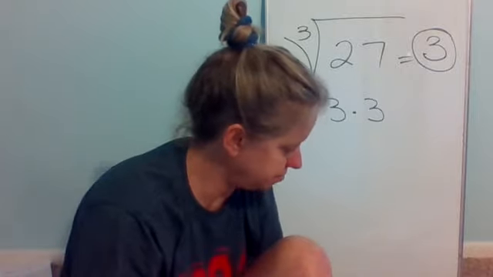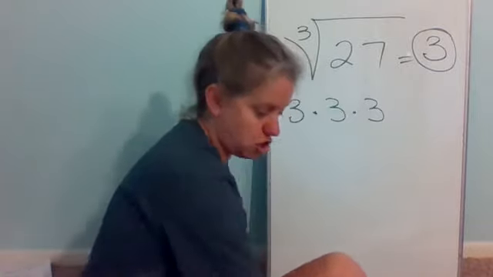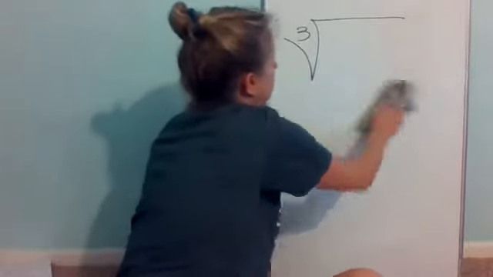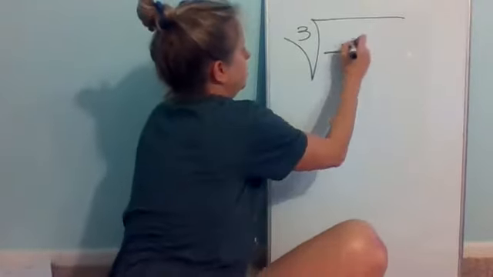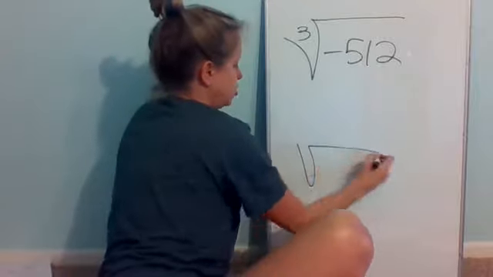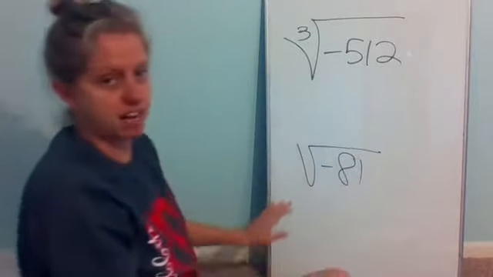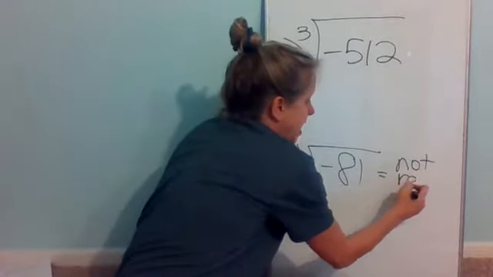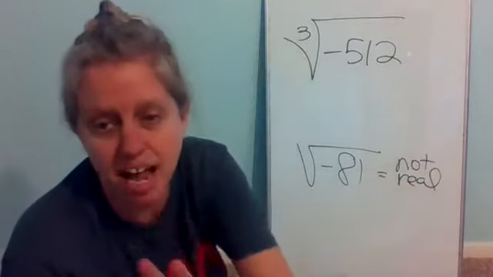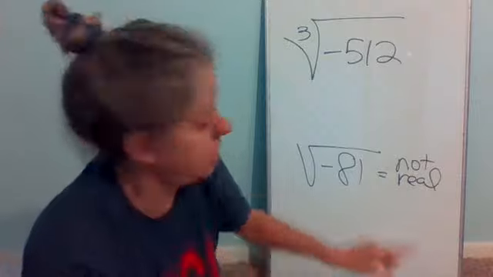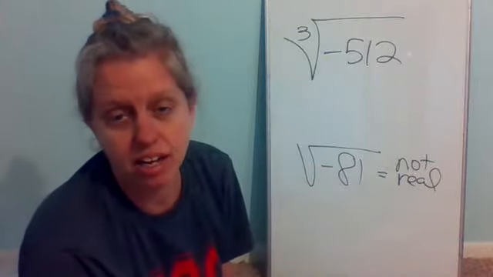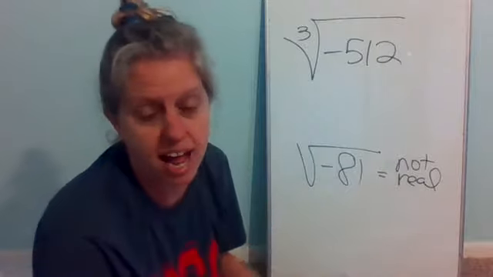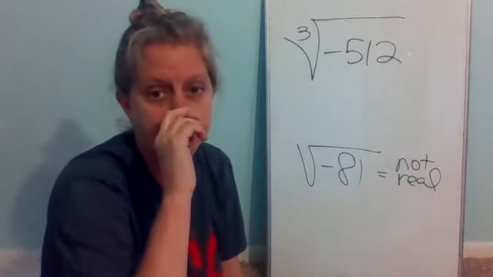All right, number 11. I've got the cube root again of negative 512. Now, remember when we had square roots of negatives, that was not real, because I cannot multiply the same exact number together in order to get a negative anything. If I'm going to multiply 2 numbers together and get a negative, I'm going to have a positive times a negative.